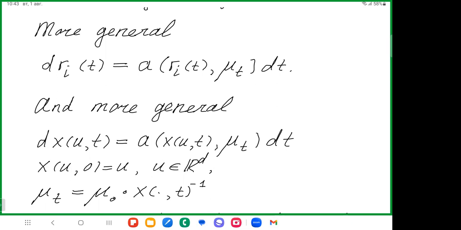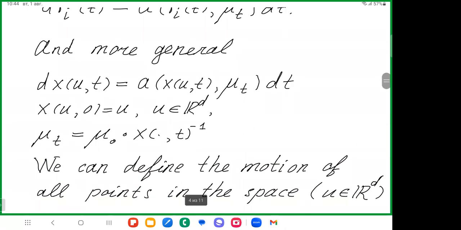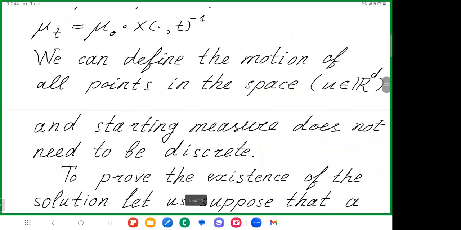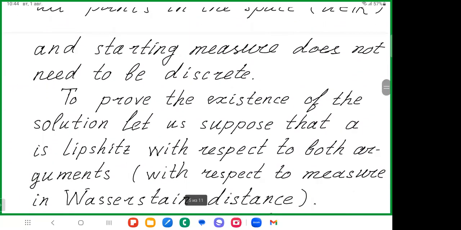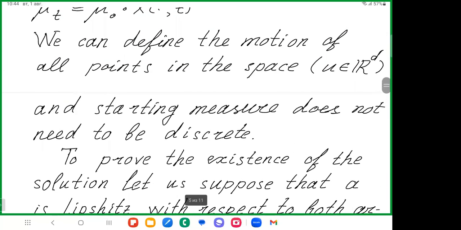Now, when we understood how to describe the interaction between particles, we understood that it can be described by including the measurable mass distribution argument into the coefficient of the equation. Let's go to the description of the interaction of the particles with random media.